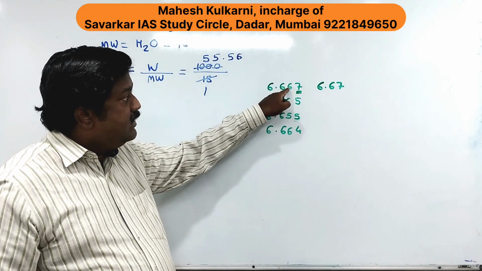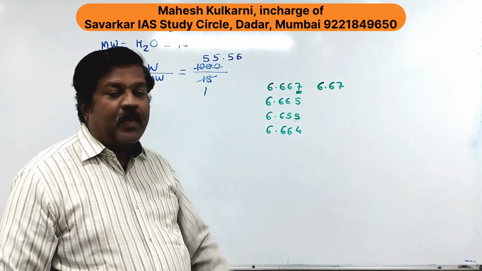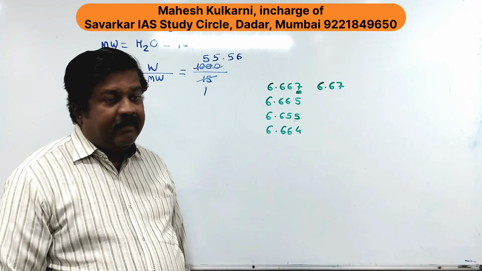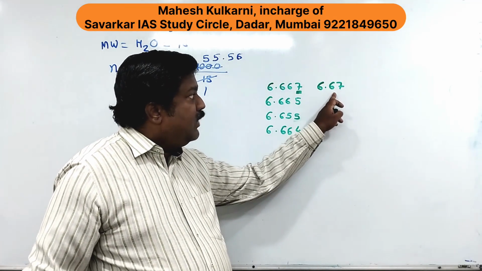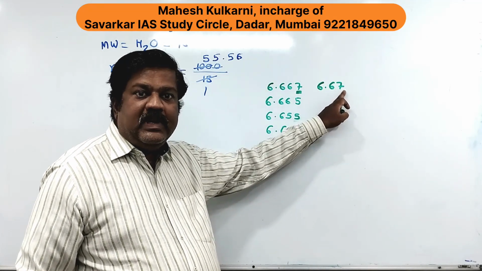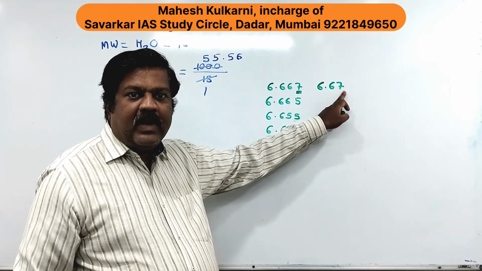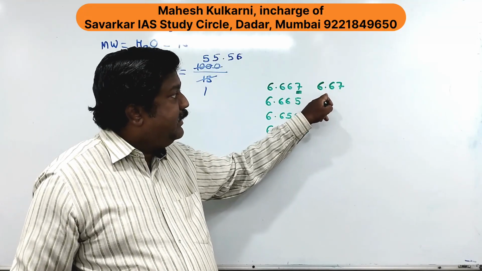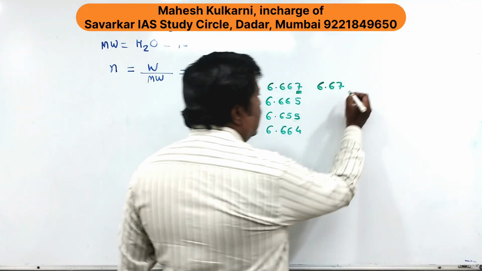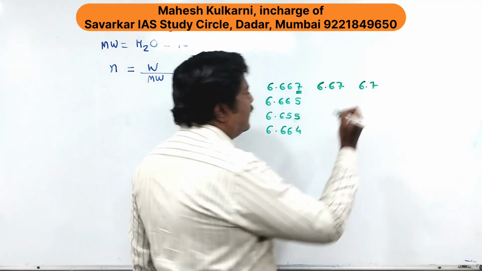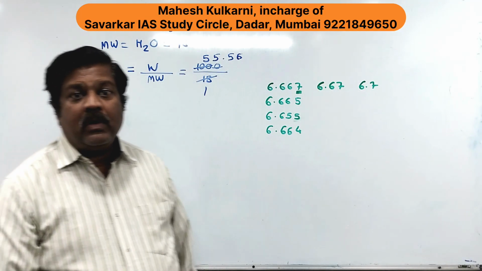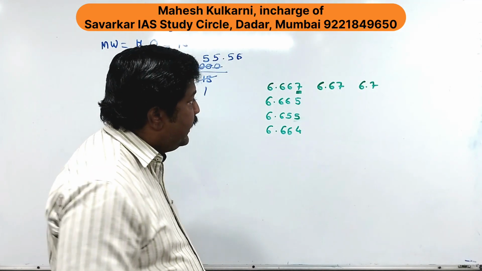So I have added 1 here and the answer is 6.67. Now suppose I have to round up to 1 decimal only, then obviously the last digit is greater than 5, so I will add here and the answer will be 6.7.